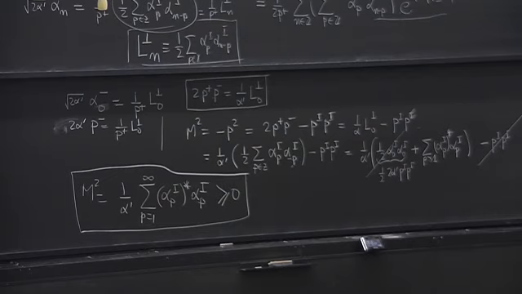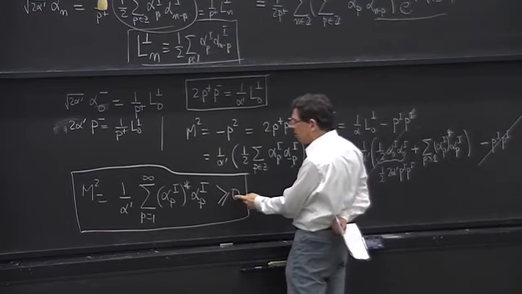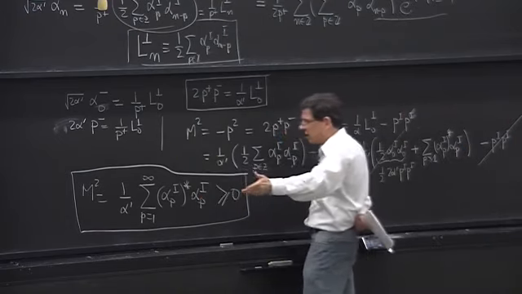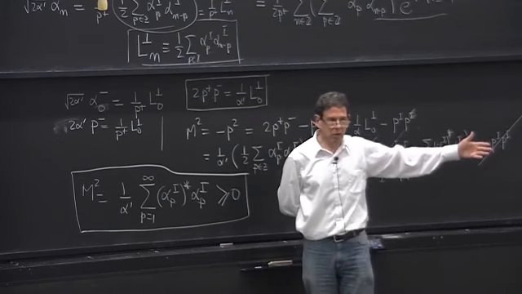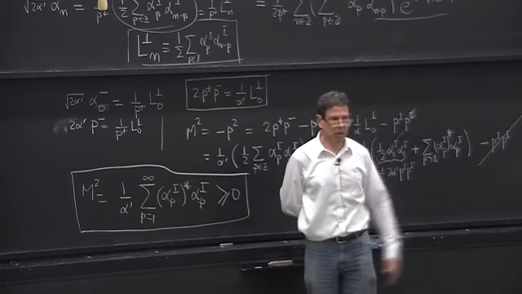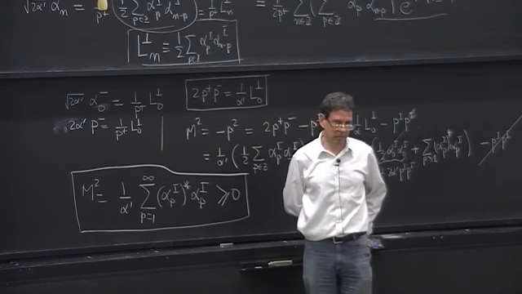The standard model is all massless until you put the Higgs and start putting things. So you need massless things. And this thing can only be 0 if all the alphas are 0 and the string is doing something trivial. So there's pretty much no zero mass squared states of the classical string.